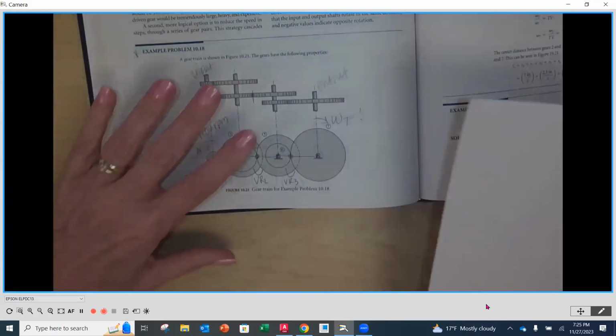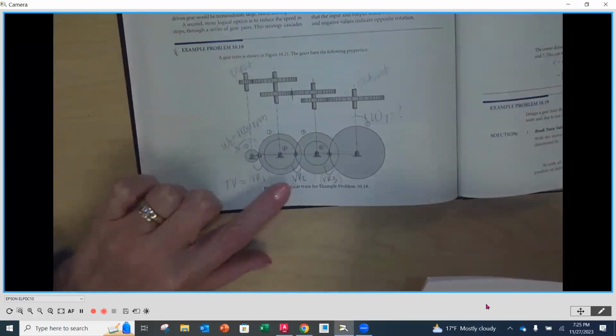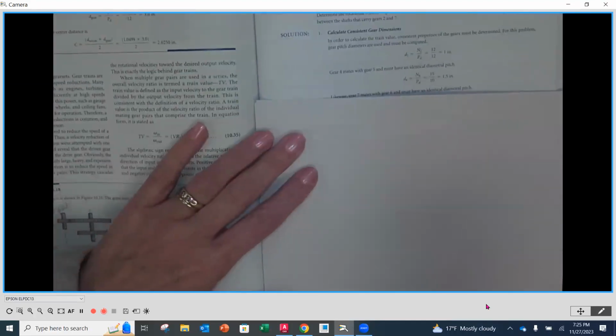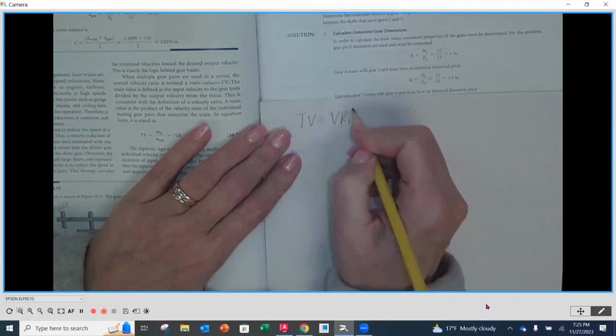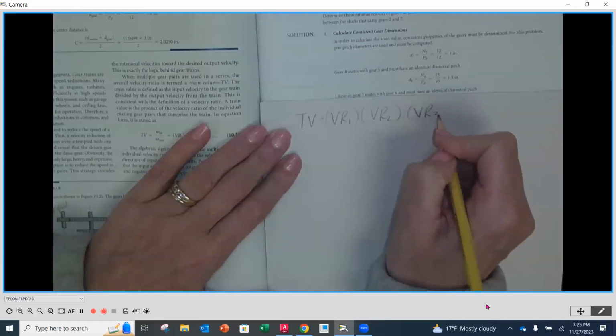So our train value is going to be VR1 times VR2 times VR3.